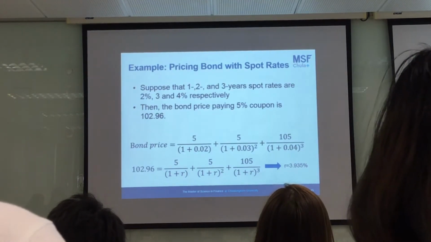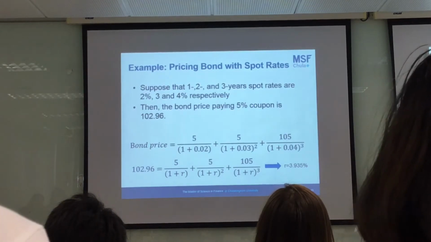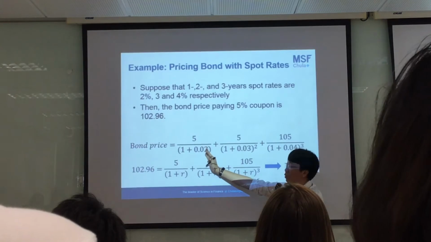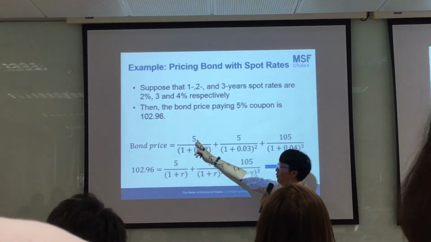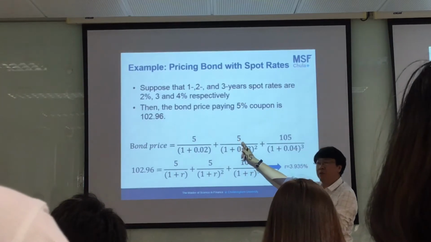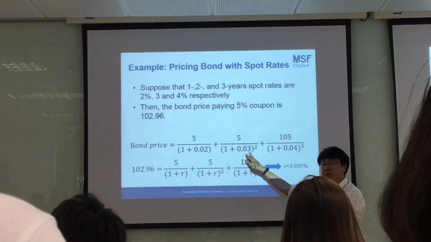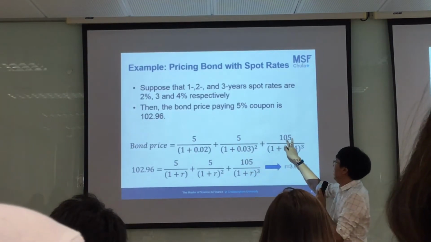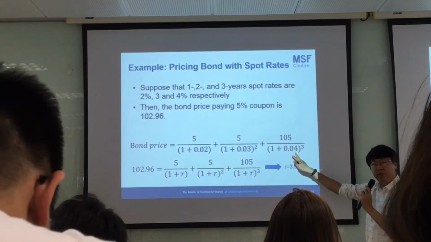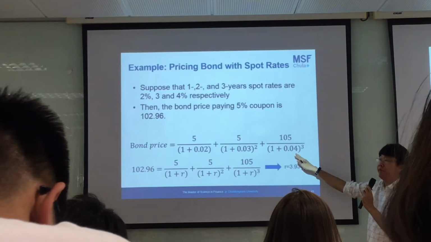Instead of using just one single discount rate, we apply the 1 year rate of 2% to discount the first coupon that occurs in year 1. And then the second coupon, we discount by the 3% spot rate. And the last coupon plus the face value, we discount by 4%, the 3 year spot rate.